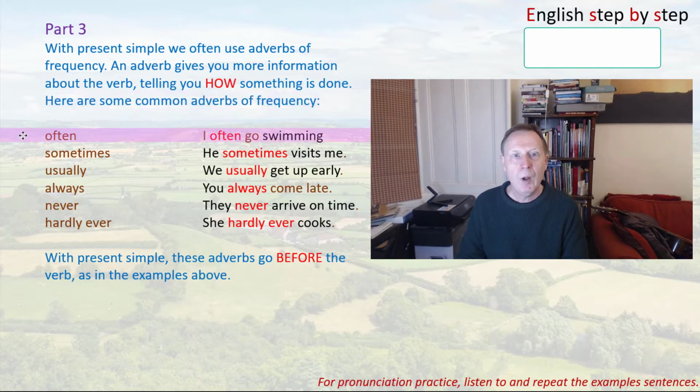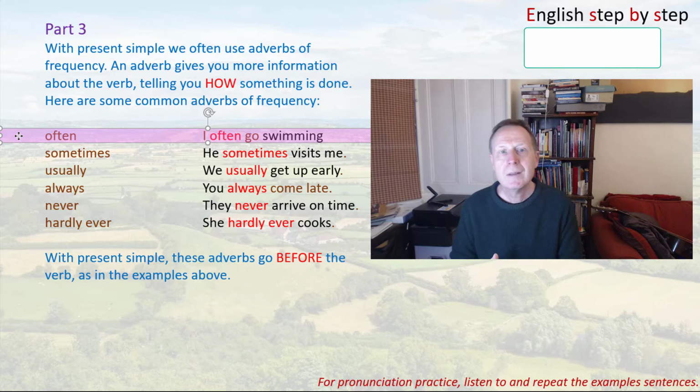For example, often, sometimes, usually, always, never, hardly ever, etc. Now, when we use these adverbs, we don't normally use a continuous tense. We use a tense which is talking about a repeated activity or a habitual activity.